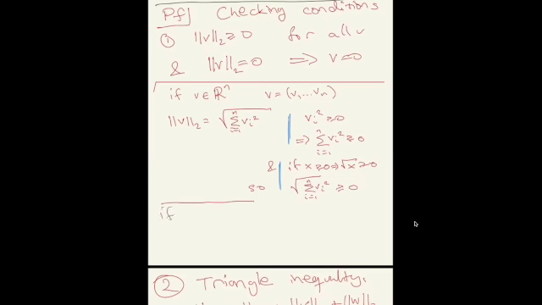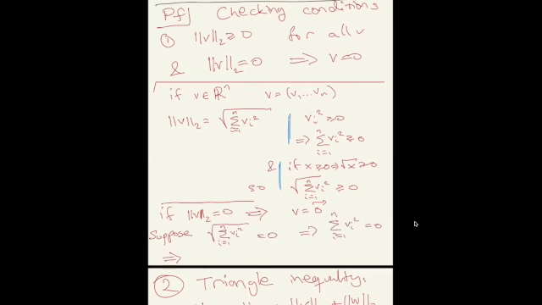Now we want to verify the second part of the zero axiom. If the norm is 0, then v is the 0 vector. So suppose that the norm is equal to 0. That is, the square root of the sum i equals 1 through n of vi squared is equal to 0. But then by squaring, we get the sum i equals 1 through n of vi squared is also equal to 0, because the square of 0 is equal to 0.